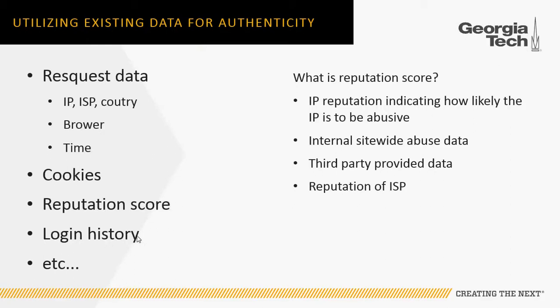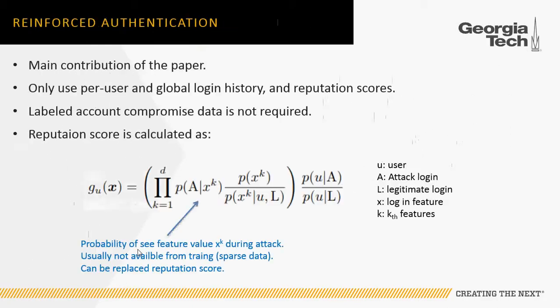Also, the login history of the user is obviously quite important, and there are many other criteria you can use. So the main contribution of the paper is actually the reinforced authentication model.